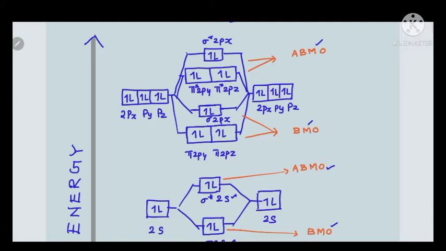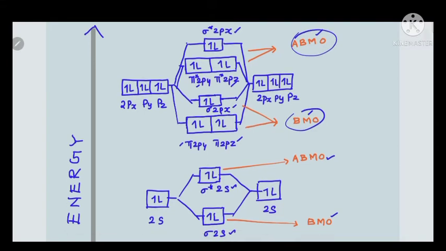The bonding molecular orbitals are pi 2py and pi 2pz, with the same energy drawn together, and sigma 2px. The corresponding anti-bonding ones are pi star 2py, pi star 2pz, and sigma star 2px. So when 2p of one atom combines with 2p of another, we get 3 bonding and 3 anti-bonding molecular orbitals. This is a number you have to remember.